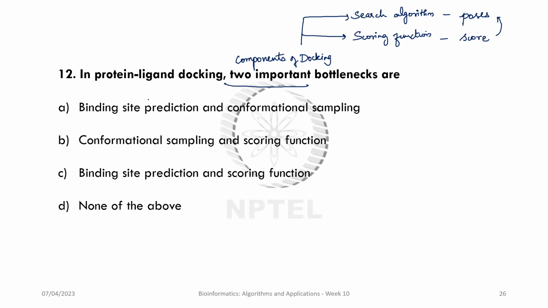So it has nothing to do with binding site prediction, which moves A, C out of the equation and also D. Conformational sampling, which is again a search algorithm, and scoring function fit the bill. Therefore, B is the right answer. In protein ligand docking, the two important bottlenecks are conformational sampling and scoring function.